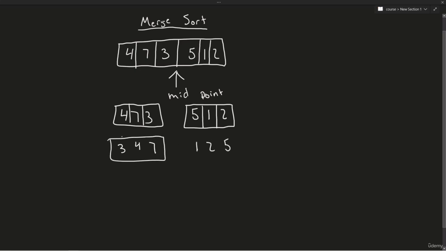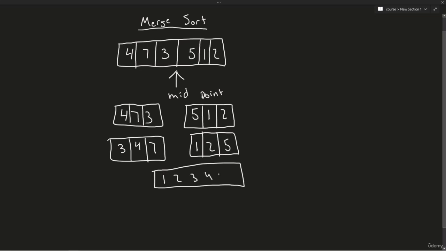Again, these are their own arrays. And now that these have been sorted, we want to merge them back together: 1, 2, 3, 4, 5, 7. So now we have merged them back together, and we just executed merge sort.